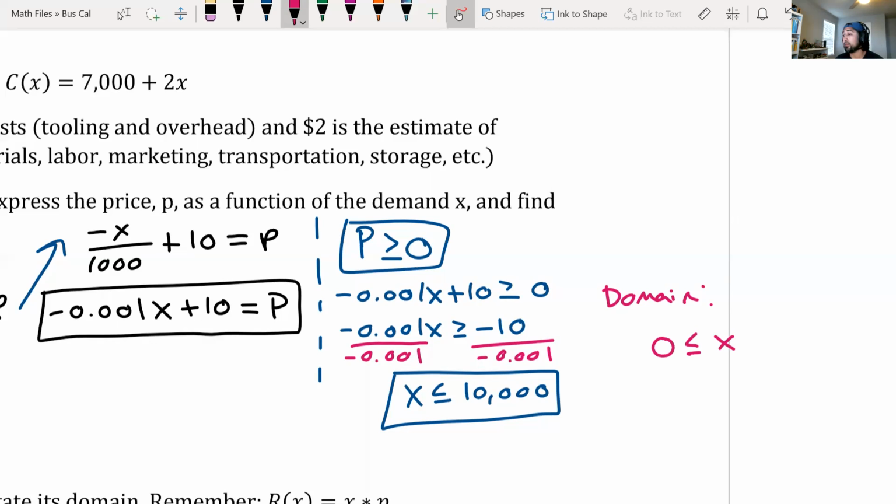We must be above 0, but we can't go more than how many? 10,000. There you go. There's our domain for this problem. This is going to be the domain for all the functions we are going to come up with in the next couple of steps.